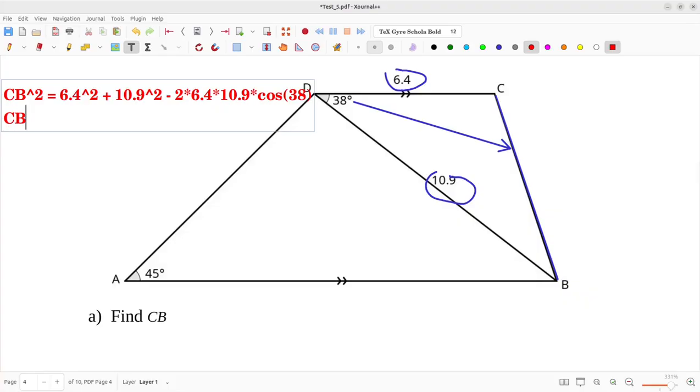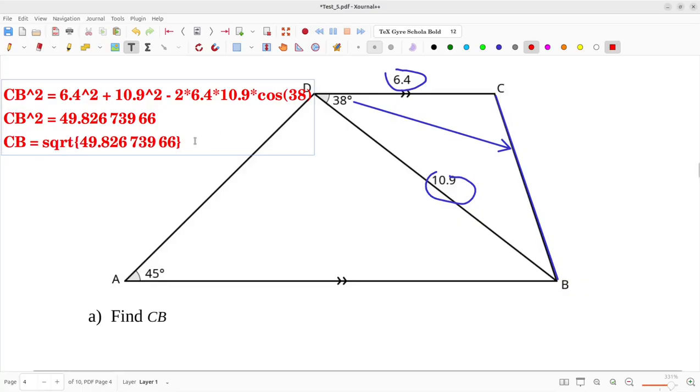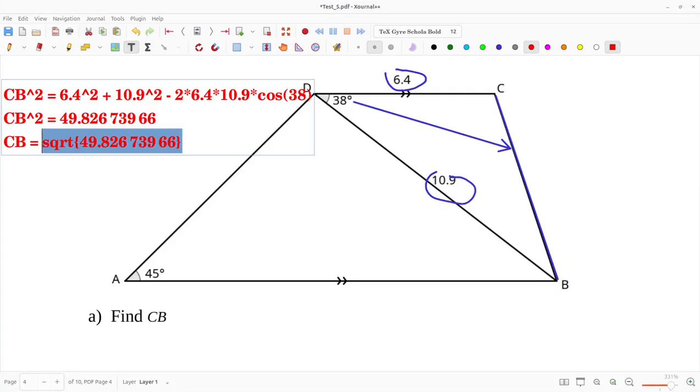So your CB squared will be equal to that. Put the square root on both sides. Your CB will be equal to the square root of that. Just put it as it is on your calculator.